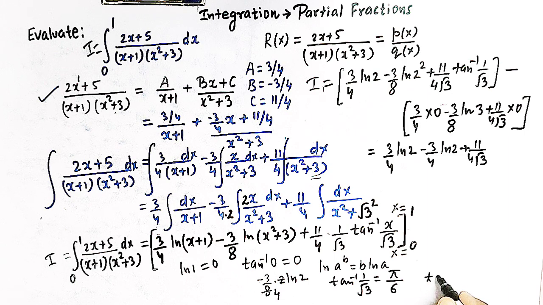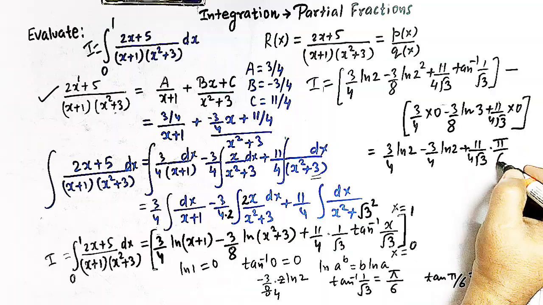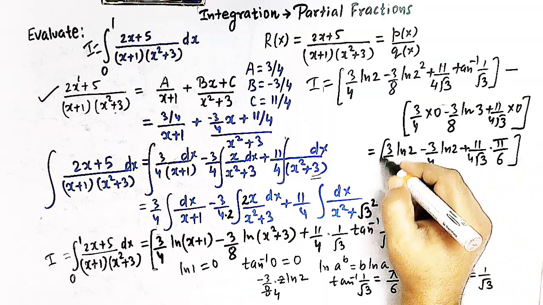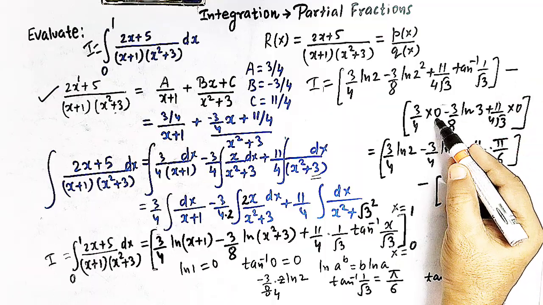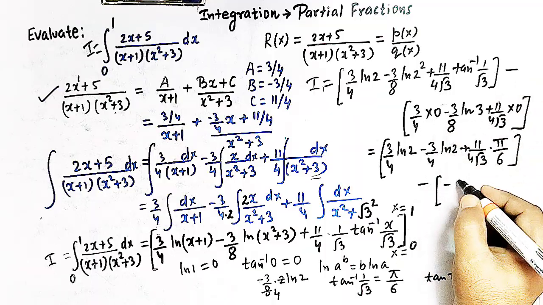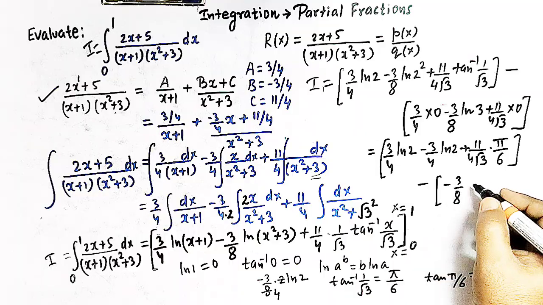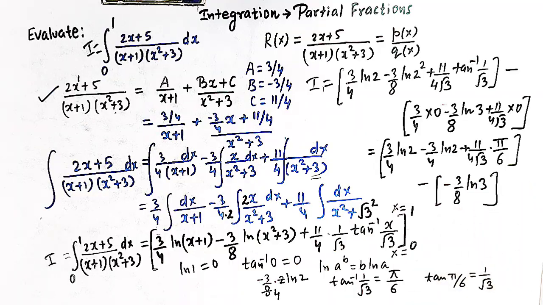Because we know that tan pi over 6, that is tan 30 degrees, is 1 over root 3. So here we have pi over 6, and then we have the negative sign. This term is 0, this term is 0, and here we have simply minus 3 over 8 and natural log of 3.